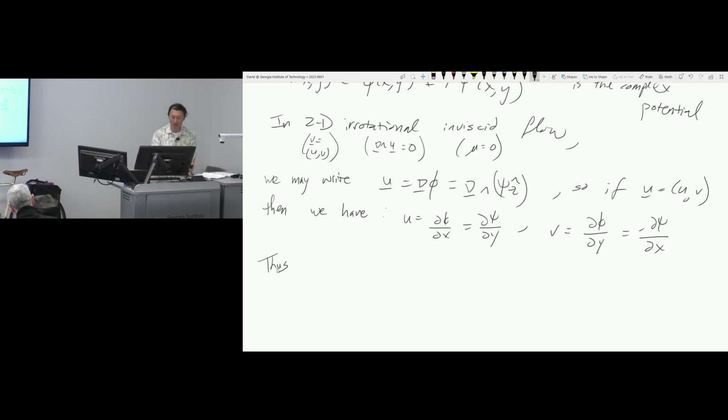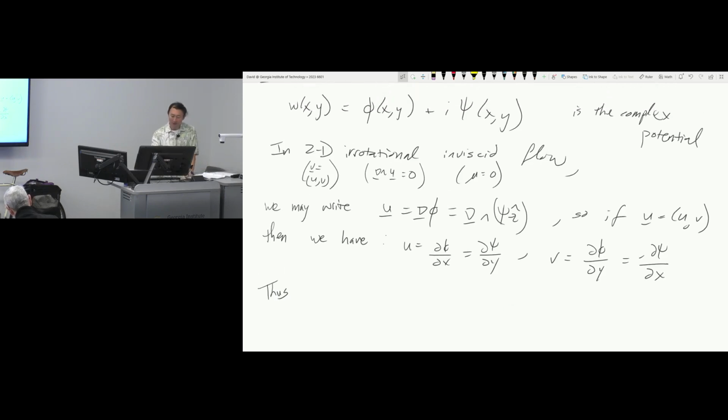So the mathematicians recognize that, because the velocity field is related to the potential and the stream function, fluid mechanics is actually a subset of complex analysis, where phi and psi satisfy what are called the Cauchy-Riemann equations, which have nothing to do with fluid mechanics.